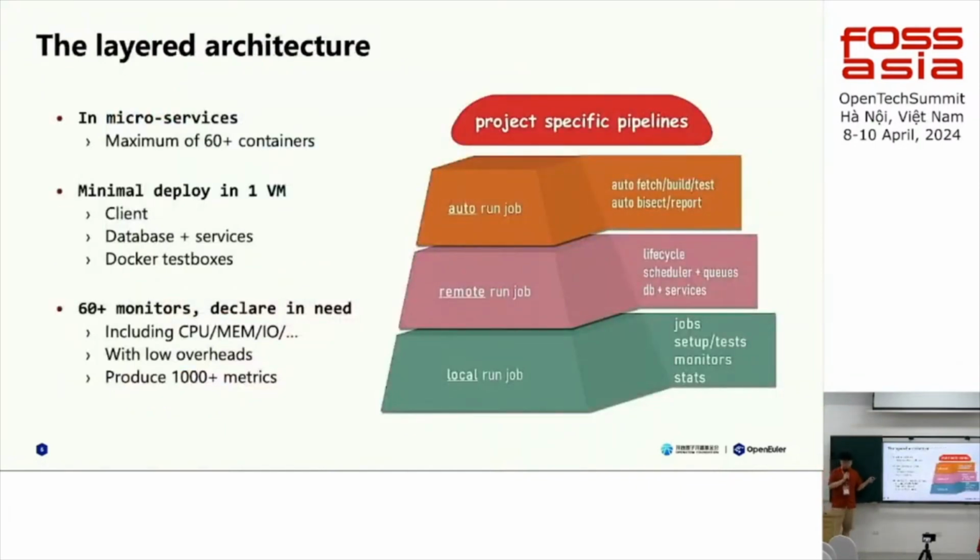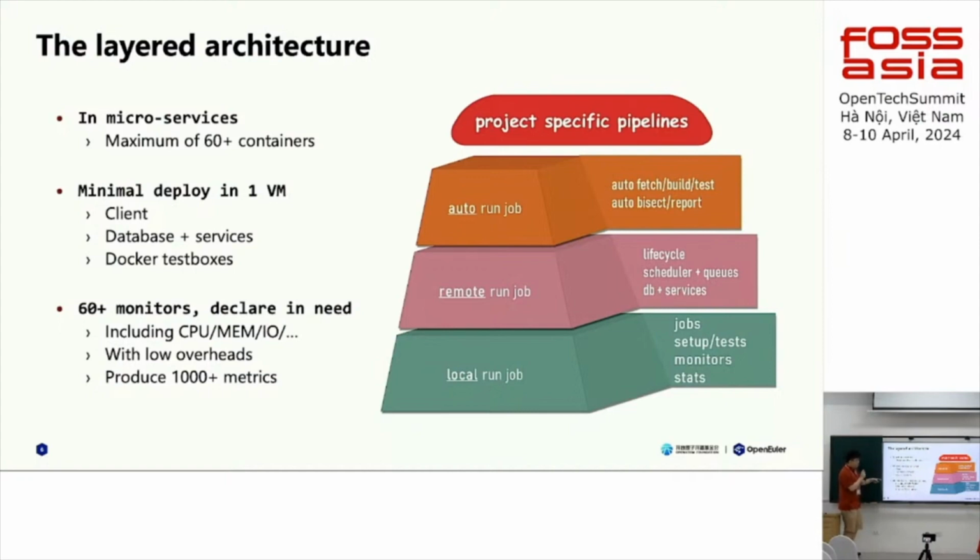And Compass CI is in a microservice architecture and maximum of 16 containers. The picture of 3 layers: the 3 layers are all of the Compass CI, and the red one is others. I will introduce later.